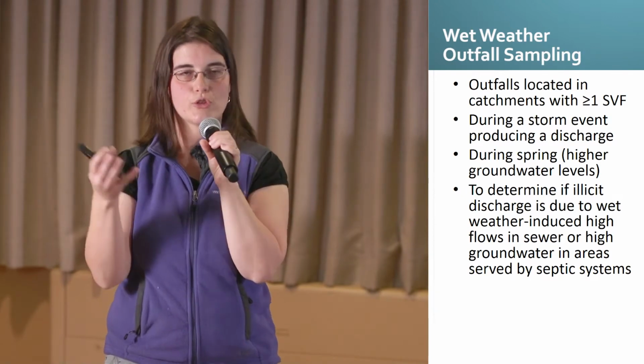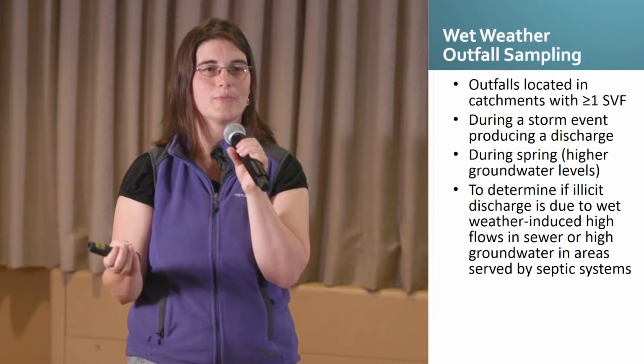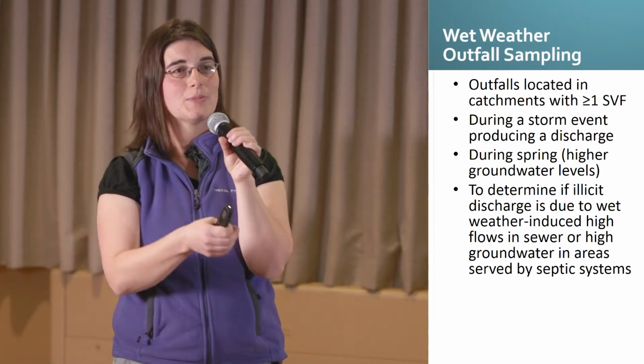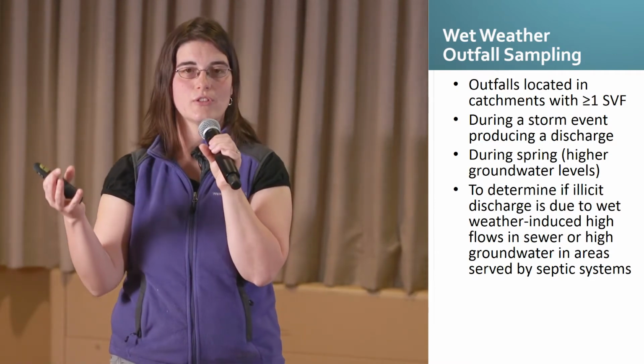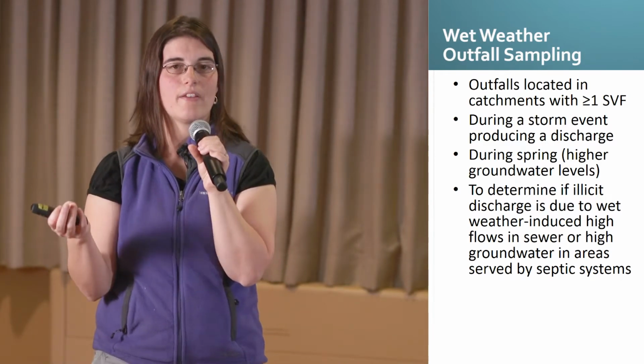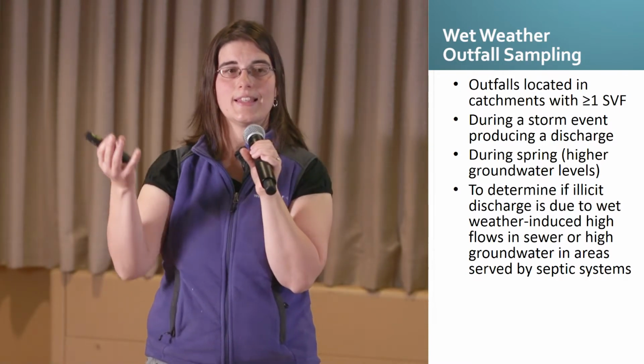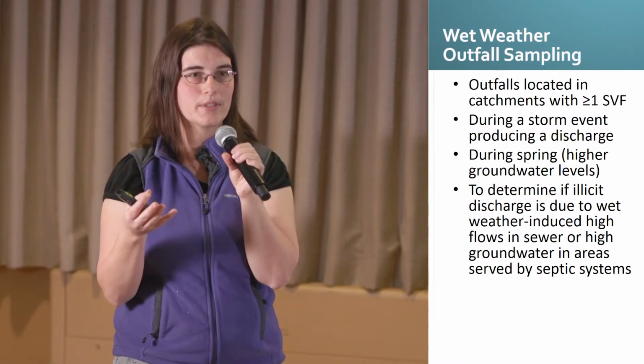When you're treating stormwater, you want to treat that first flush because it has a high concentration of pollutants. But for this purpose, you're not looking for analysis of that first flush. You're looking for the effect that this rain event has on your systems.